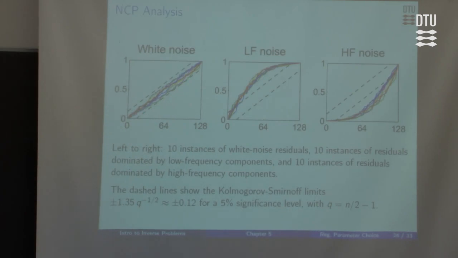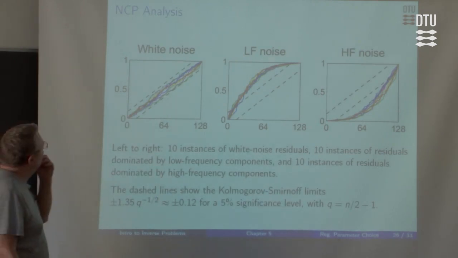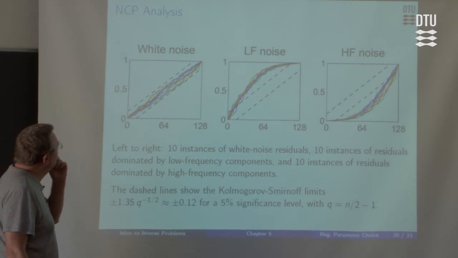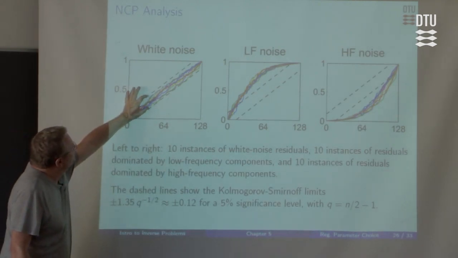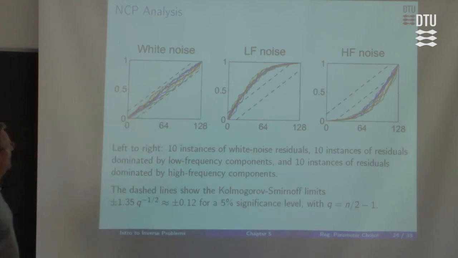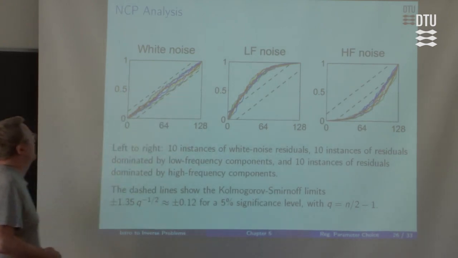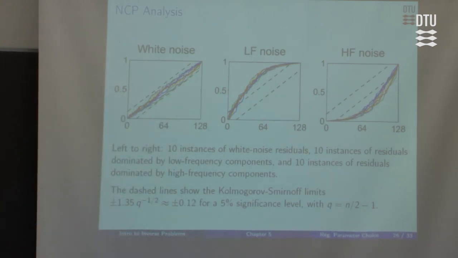And the statistician will then say that with a 5% significance level, we can accept the noise as being white if it lies within those bounds here. And that seems to be true for all these guys here. Well, maybe the green one here is right at the border, I don't know. But all right. So that's what we can do.